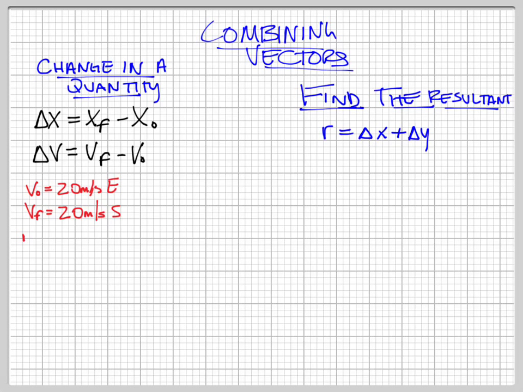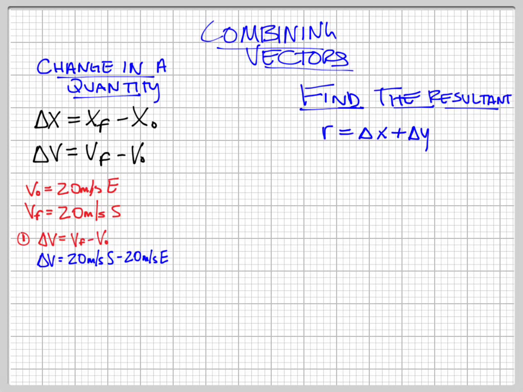So the first way to explain doing this, just looking at it, change in velocity is equal to final velocity minus initial velocity. For the quantities we have, the change in velocity is going to be the final velocity, 20 meters per second south, minus the initial velocity, 20 meters per second east.